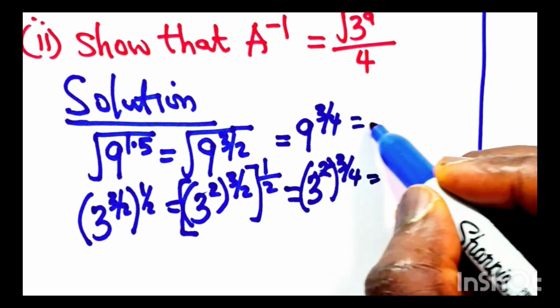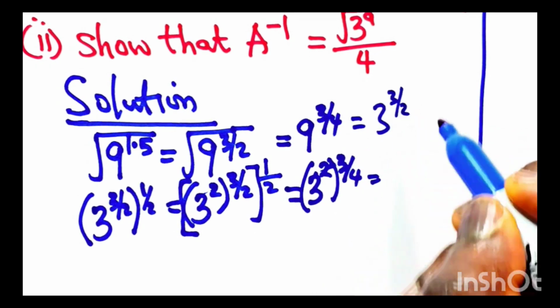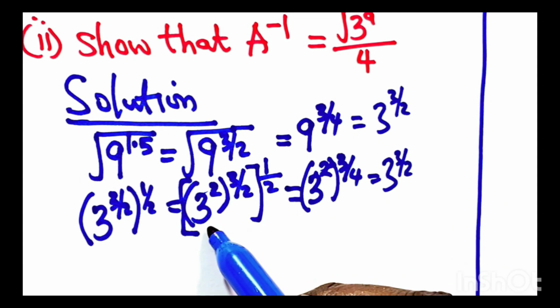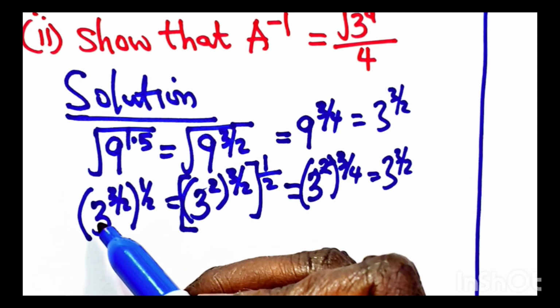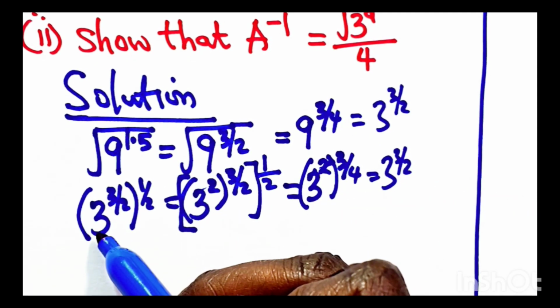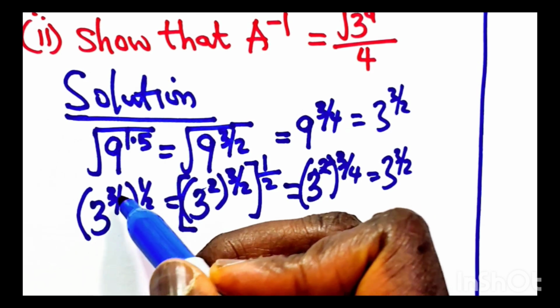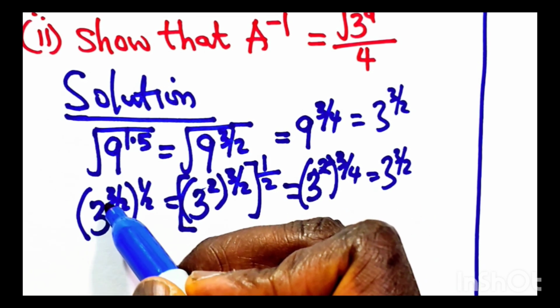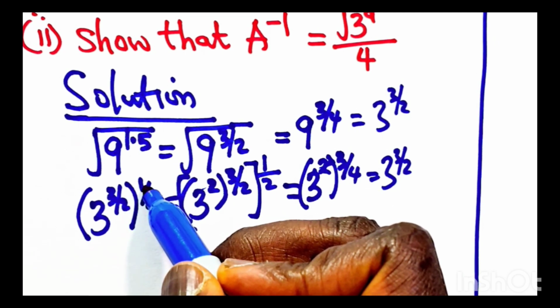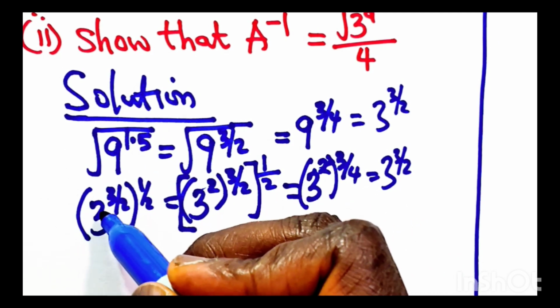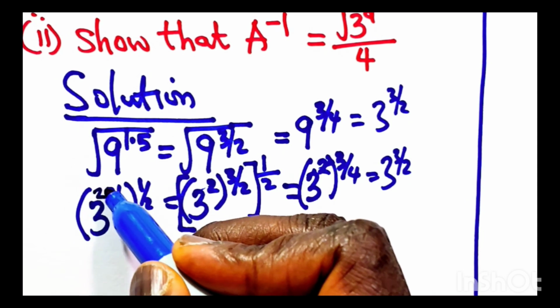Oh, I see. This 3 should be 3 raised to the power 2. If I multiply 2 here, it would have been better, but it's going to violate the rule. So this should have been 3 raised to the power 2.